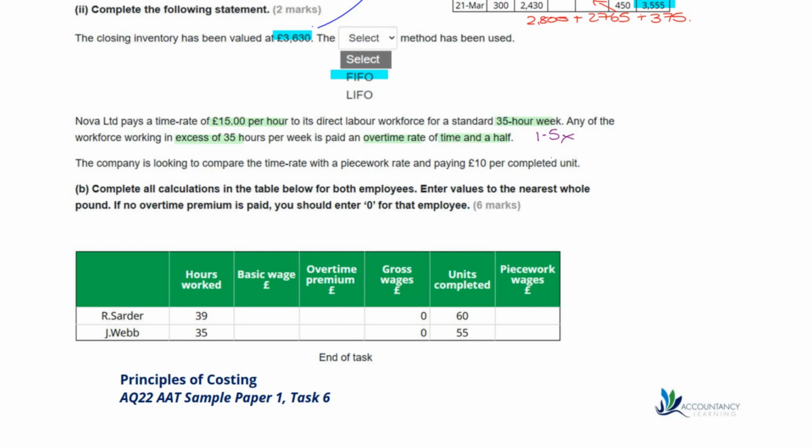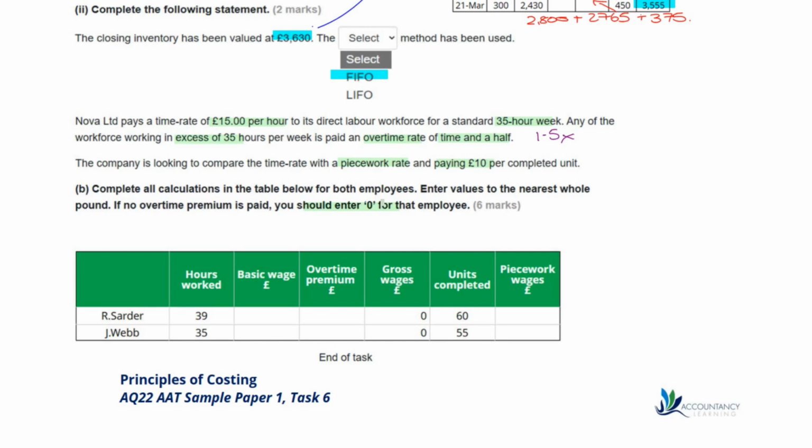The company is looking to compare the time rate with a piecework rate, paying £10 per completed unit. So the question asks us to complete all calculations in the table below for both employees. Enter values to the nearest whole pound, and if no overtime premium is paid, you should enter 0 for that employee.